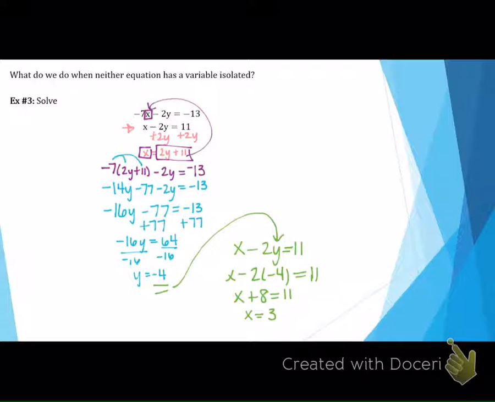So Mike, what would my ordered pair be? Yeah, we always go alphabetical order, so x comes before y in the alphabet, so that's why it's like that.